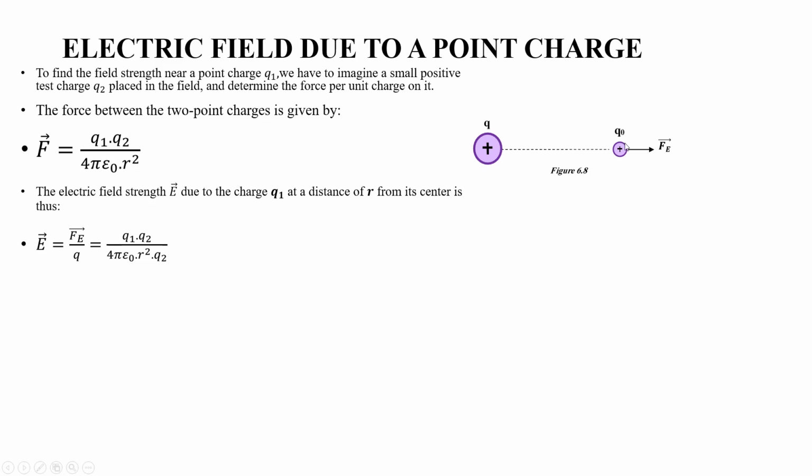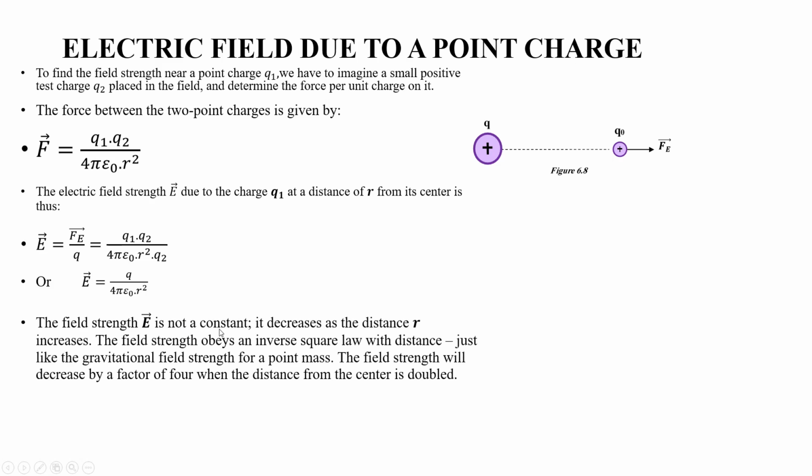So what would be the effect of this charge on that, and of that charge on this? We can find it through this equation. So electric field is equal to Q over 4 pi epsilon naught r square. So these two charges cancel. The remaining would be one charge Q divided by 4 pi epsilon naught multiplied by the square of the distance.